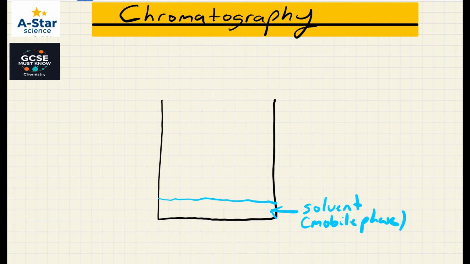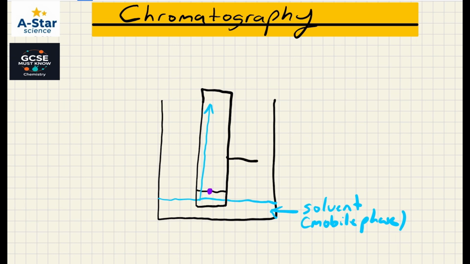And in that particular beaker, you have some filter paper or chromatography paper, and it will have a line drawn on it in pencil, has to be done in pencil, and you'll put a sample of an ink or dye or whatever it is you want to test, and you will then watch as the solvent rises up that paper like so.